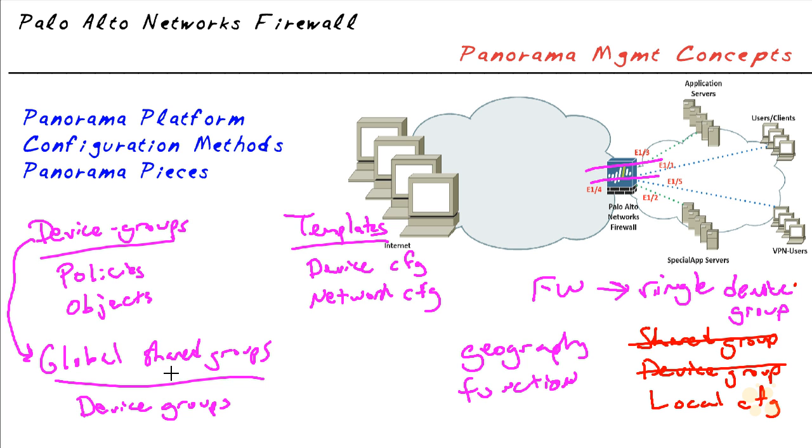In here, so in our configuration for this, okay, so in my device group or in my shared group config, I also have an option that says shared objects take precedence.